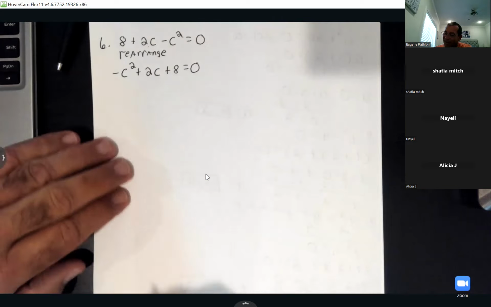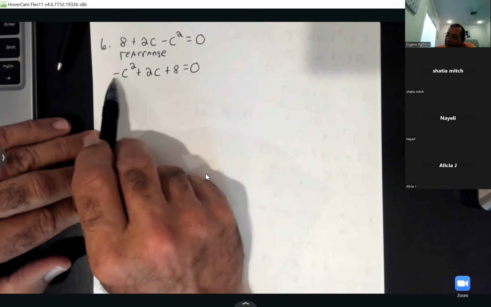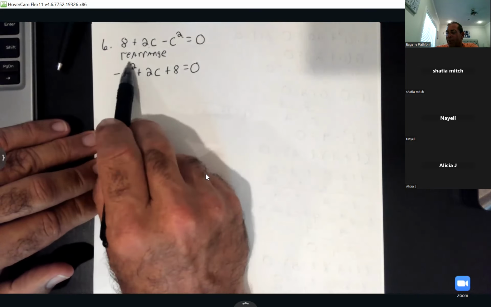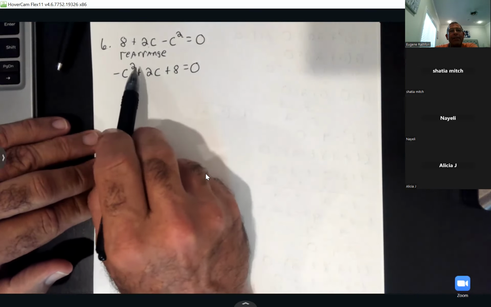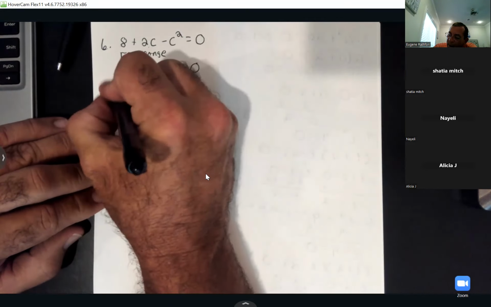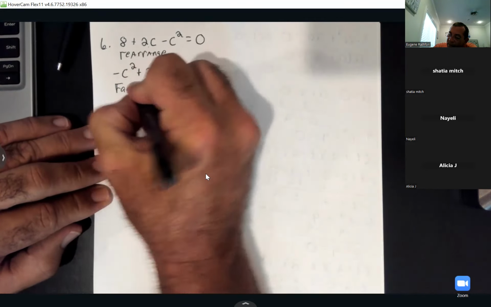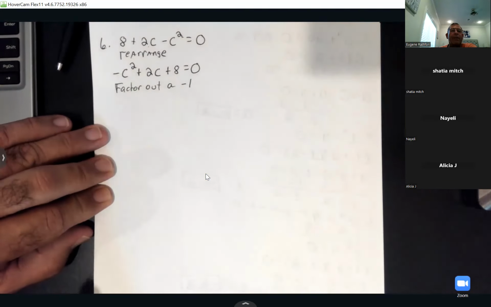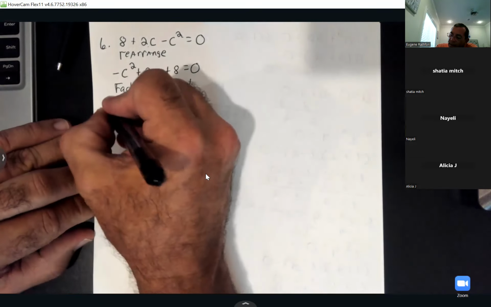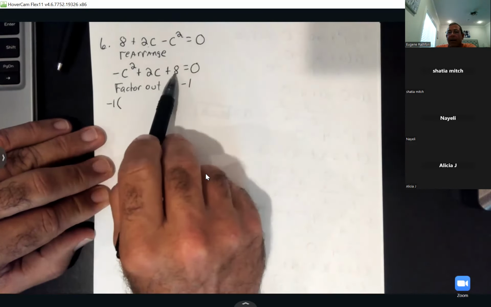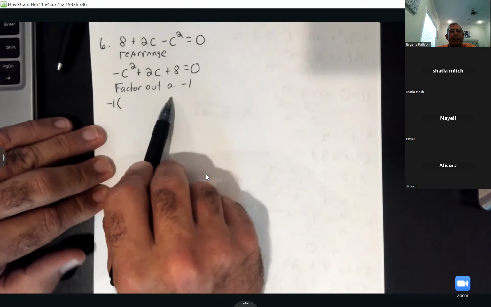Good job. So y'all, here's the thing on this one. We don't like our first number to be negative. So to make this c squared positive, we're going to factor out a -1 from this. So we're going to factor out our -1 and put everything else in parentheses.